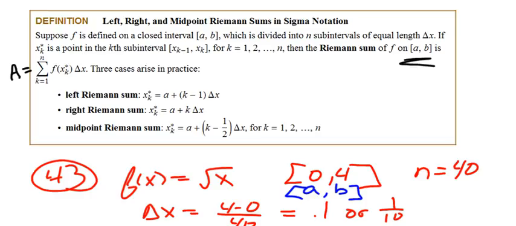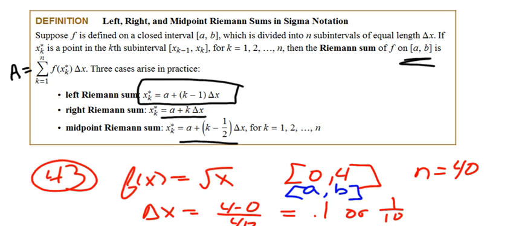And if we wanted to find left, we're going to use this as our x sub k values in our function for left. And then we have the right Riemann sum for our x sub k values, and our midpoint for the Riemann sums. So we would just try to figure these out first and then go from there.